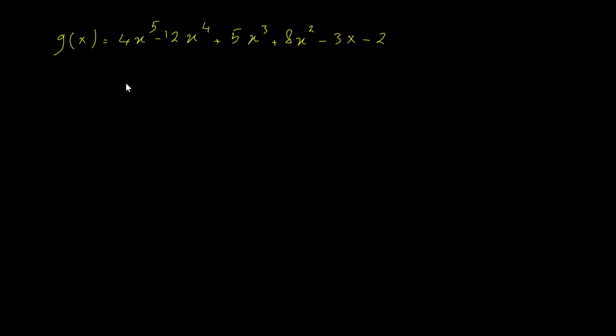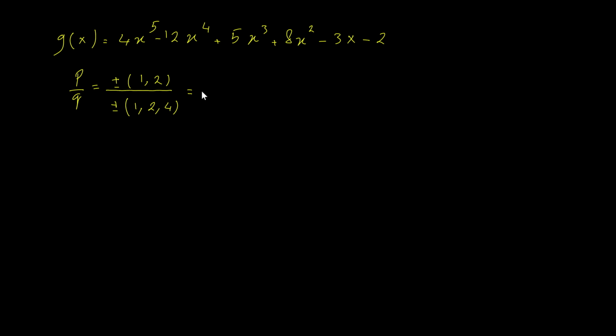So let's start with the first step, p over q. It's going to be a little bit easier here. We have 1 and 2 as our factors, since the constant is 2, and the leading coefficient is 4, so plus or minus 1, 2, and 4.